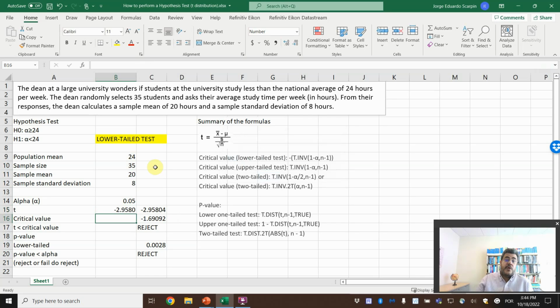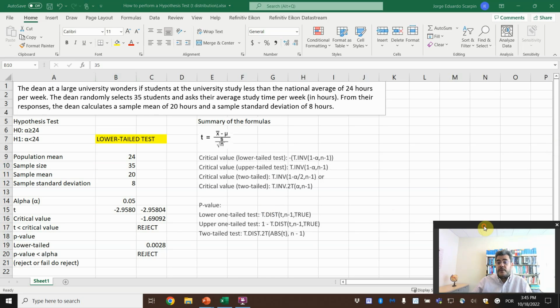Why is it negative? Because we are testing lower than. Our sample mean is lower than the population mean. If our sample mean were higher, it wouldn't make sense to test a lower tail. Let's test the first way, based on the critical value.